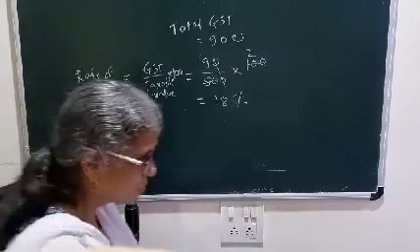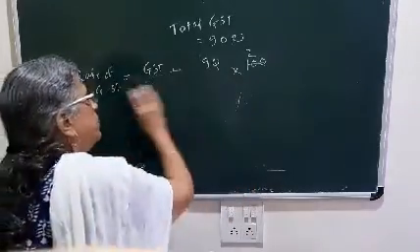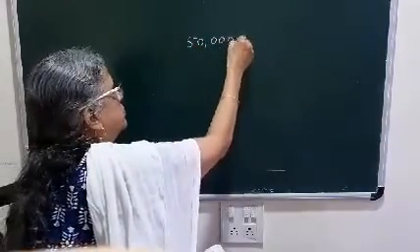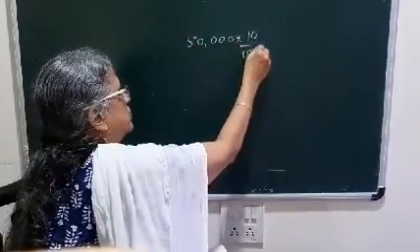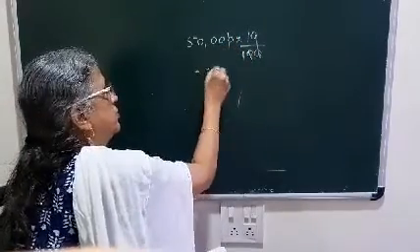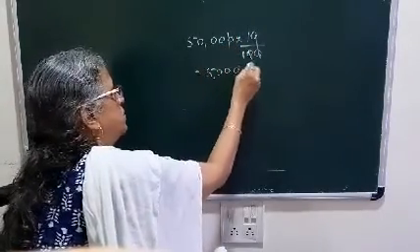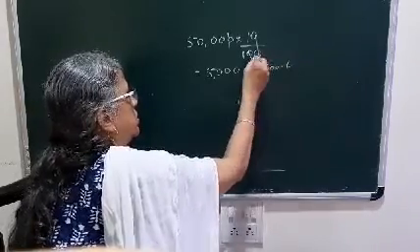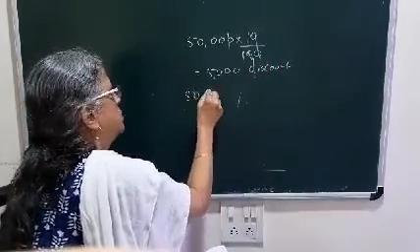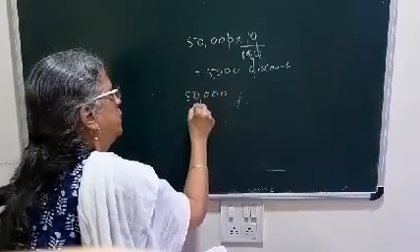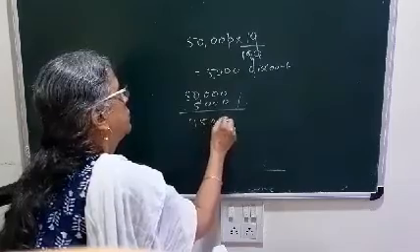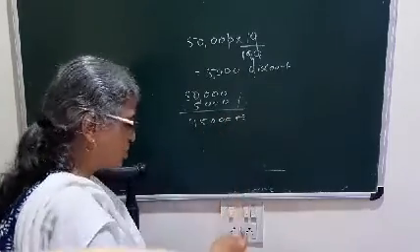So first we calculate the discount. 50,000, 10% discount, that means 5,000. So 50,000 minus 5,000, that is 45,000 rupees he has to pay.